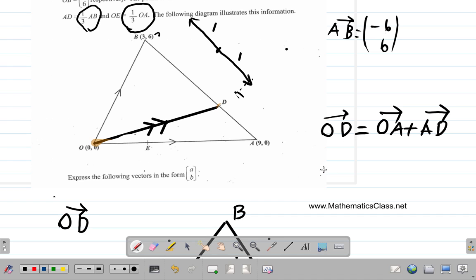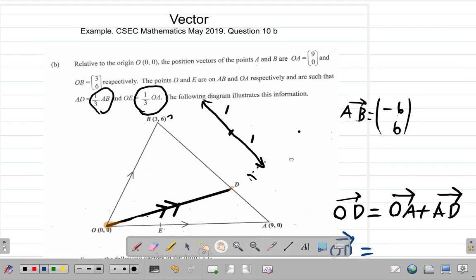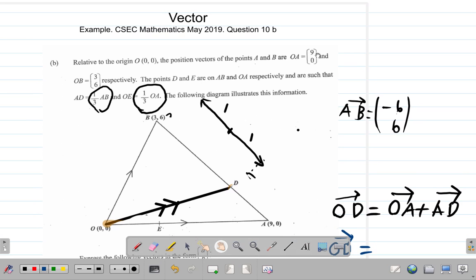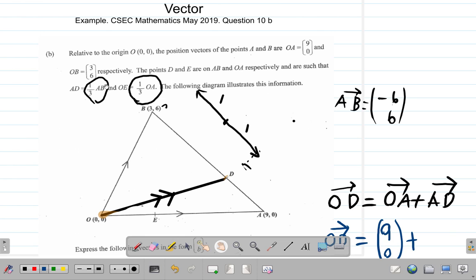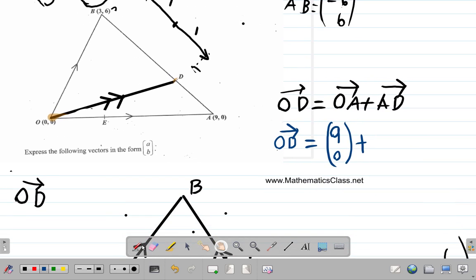Now, OD, which we want, is equal to OA. What was OA again? OA is (9, 0), plus AD. But AD is 1/3 of AB. So you add 1/3 of AB.